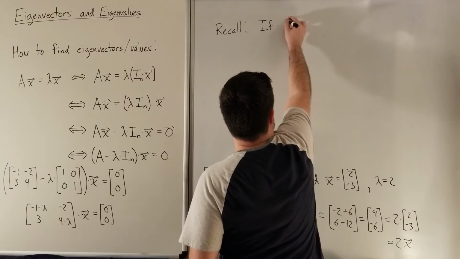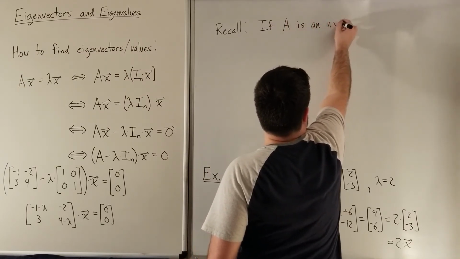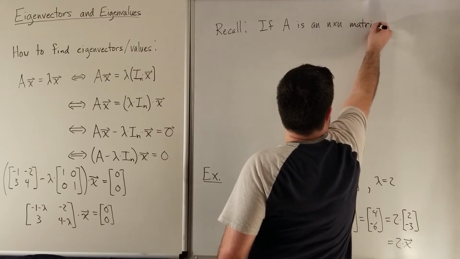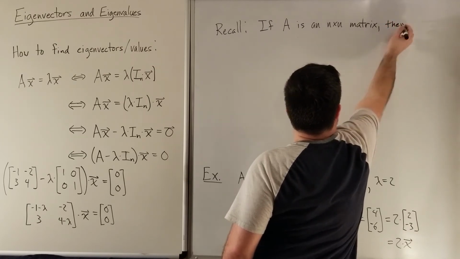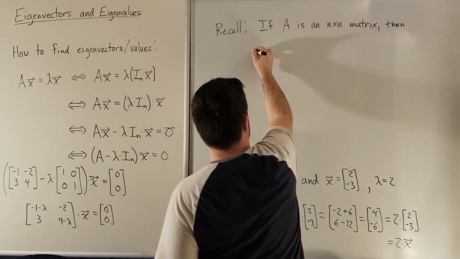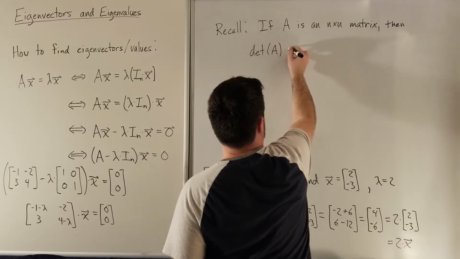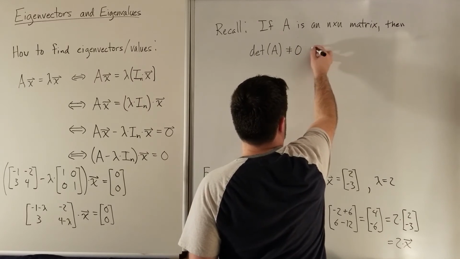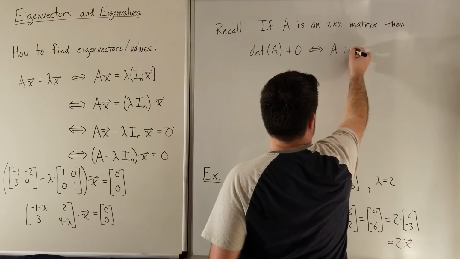So if A is an n by n matrix, then det of A not equal to 0 if and only if A is invertible.